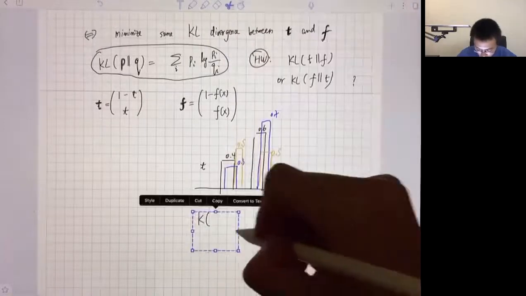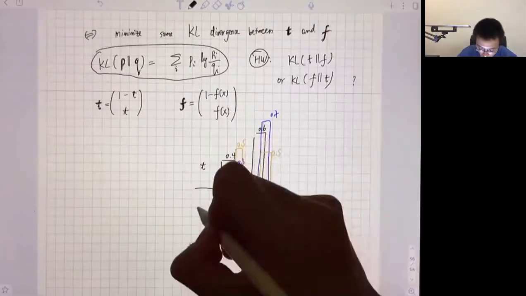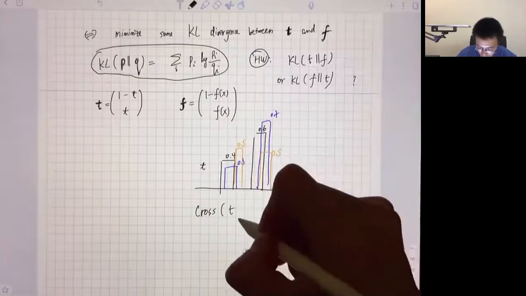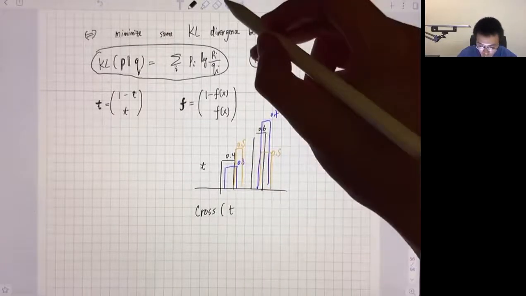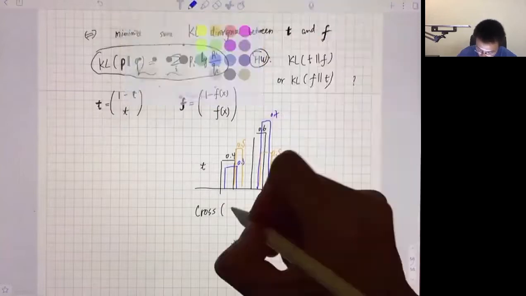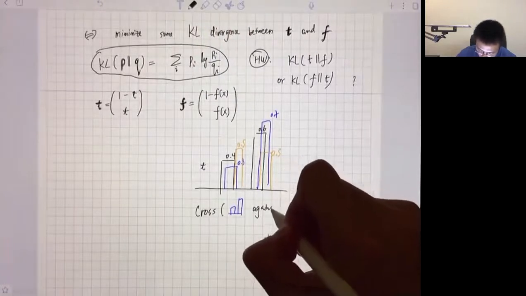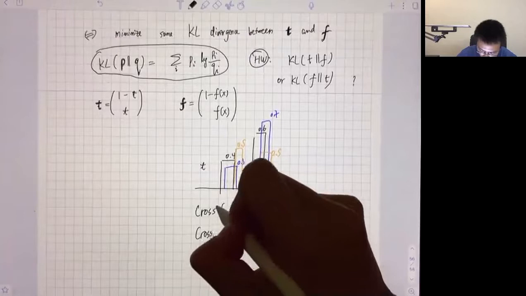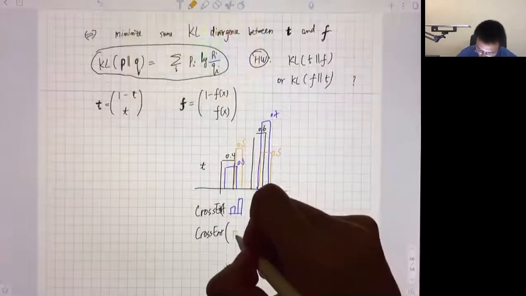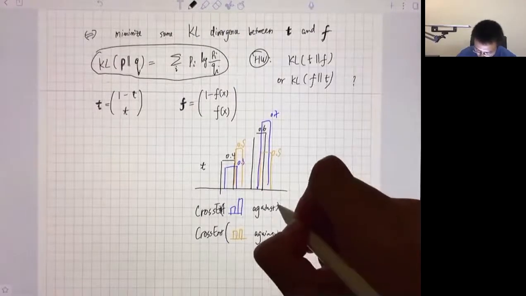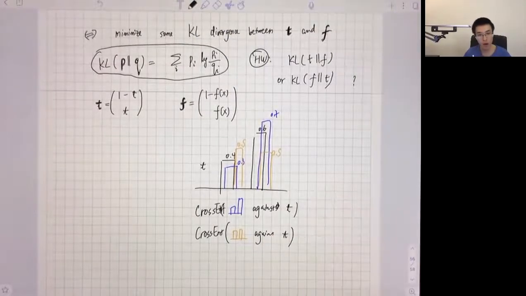Maybe I call it cross entropy loss because I haven't told you which is which. So I say the cross entropy loss between your predicted blue distribution against your target, compared with the cross entropy loss of your green distribution, which is a uniform distribution, compared with your true target: which gives you a smaller KL divergence, or which gives you a smaller cross entropy loss?